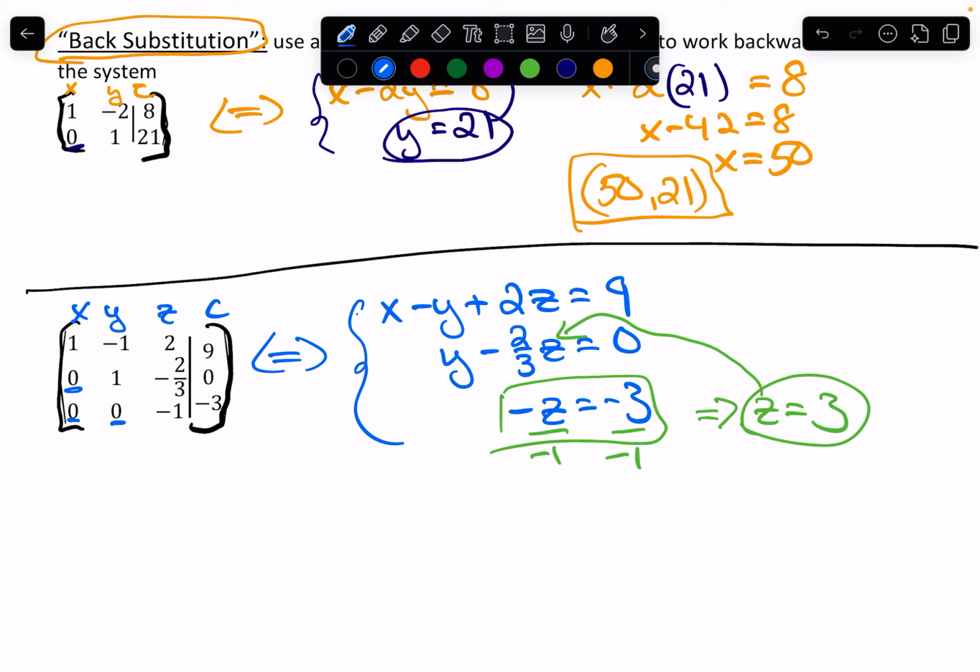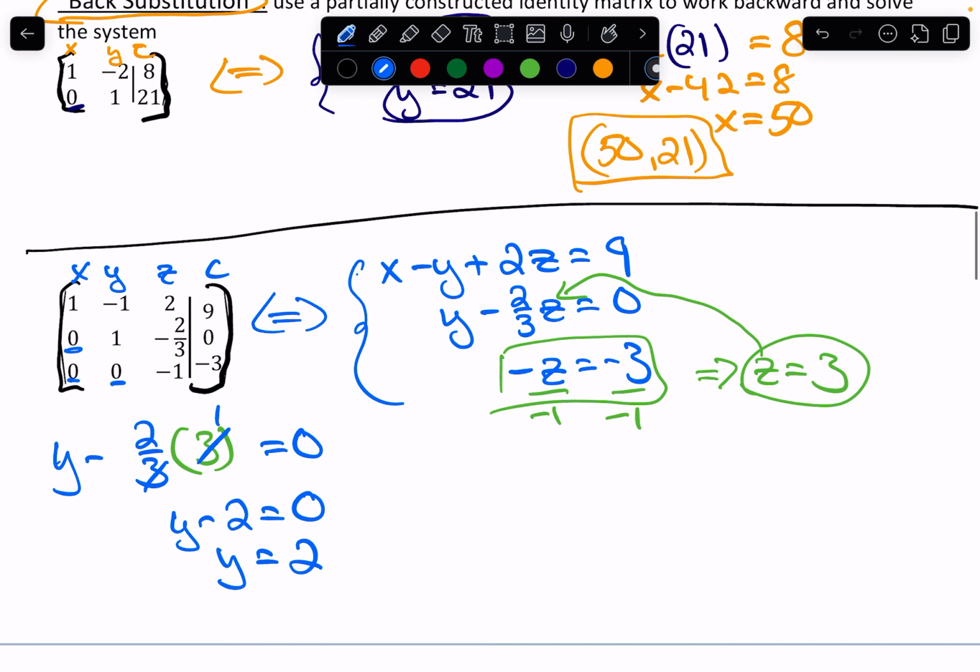So when we rewrite that second equation, y minus 2/3 times our z, which is 3, equals 0. Now, the 3's cancel each other out, and it's going to be a 1. So y minus 2 equals 0, y equals 2.